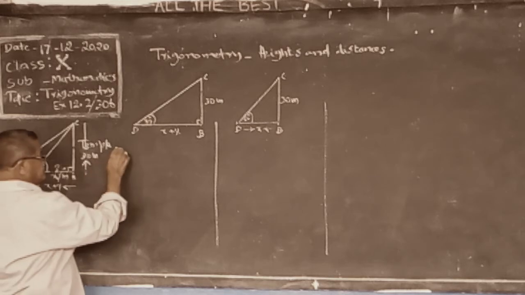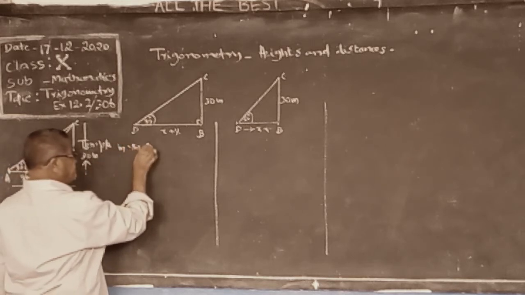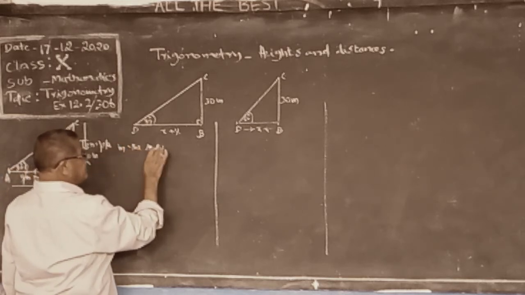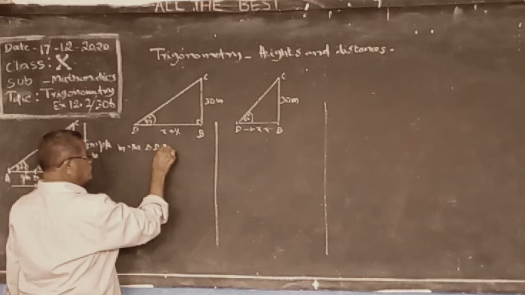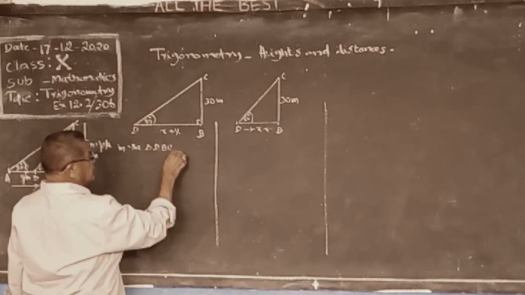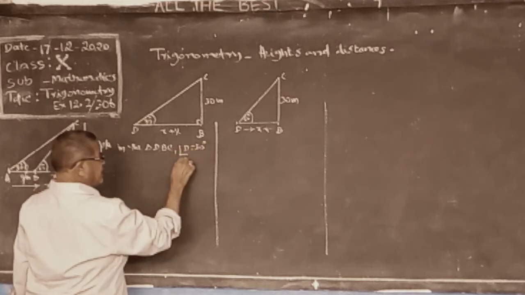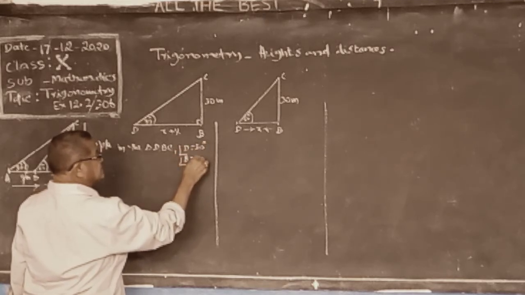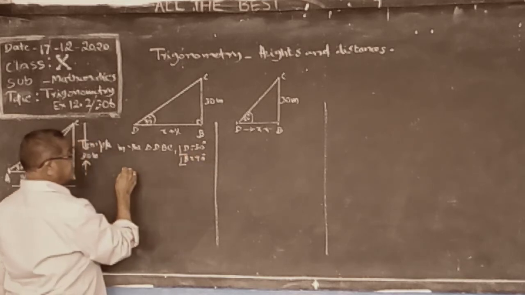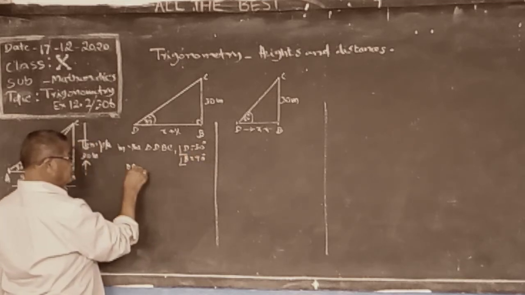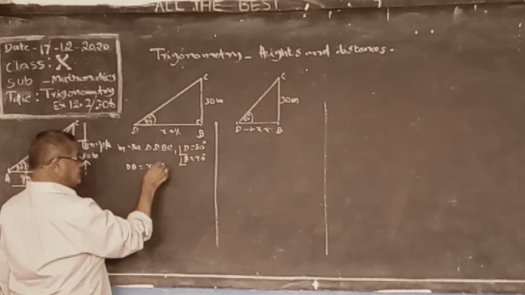In the triangle DBC, angle D is 30 degrees, angle B is 90 degrees, and DB is expressed in meters.